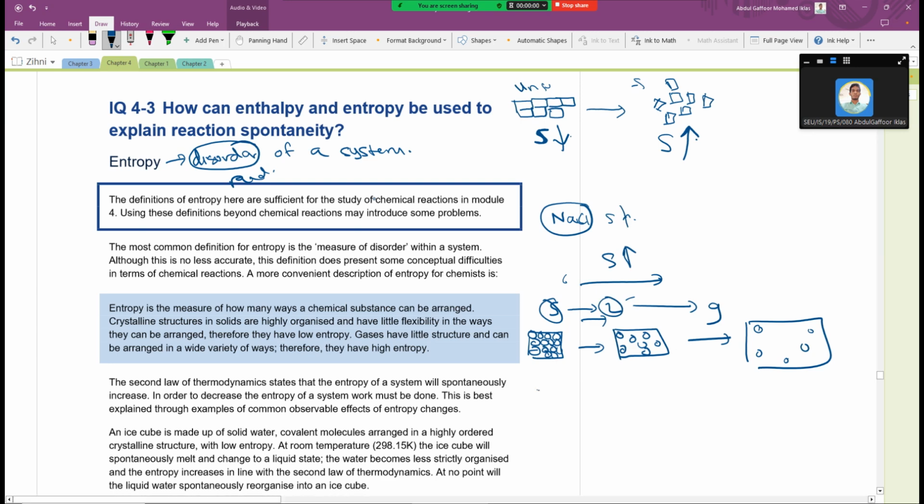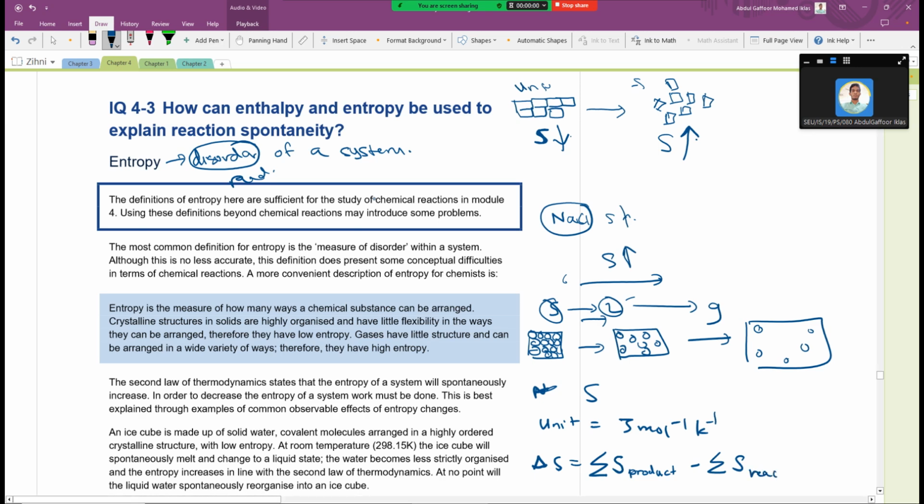The notation will be S, and the unit will be joule mole minus 1 Kelvin minus 1. And like we studied the equation for delta H, here also we have an equation: delta S is equal to the summation of S products minus the summation of S reactants, right?